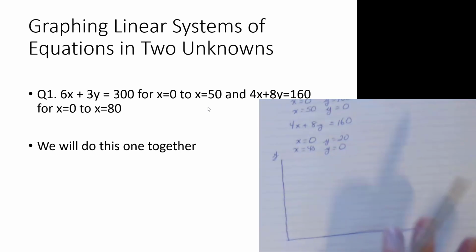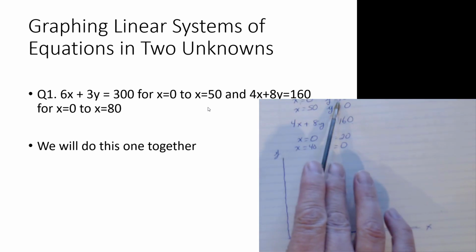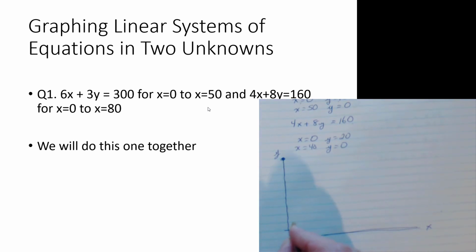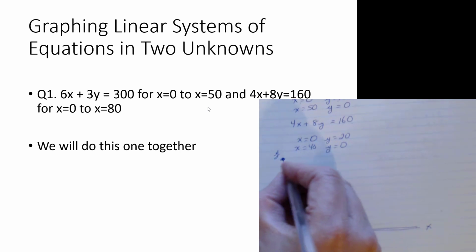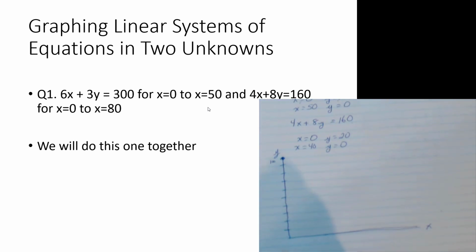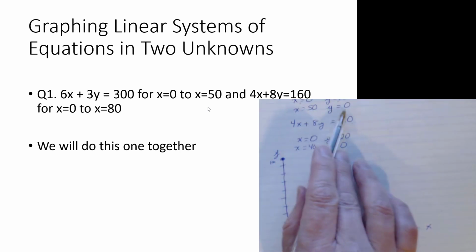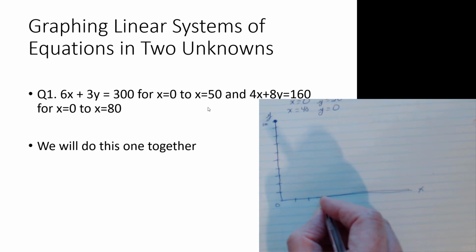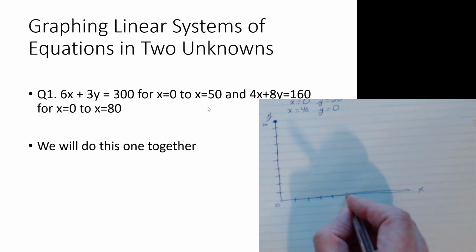And so I look at my first intercept. x is equal to 0, y is equal to 100. That's up there. So 10, 20, 30, 40, 50, 60, 70, 80, 90, 100. And then I look at x is equal to 50, y is equal to 0. 10, 20, 30, 40, 50.